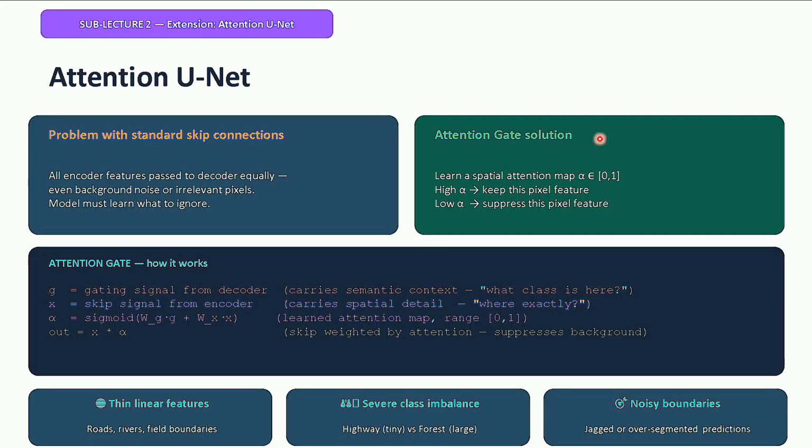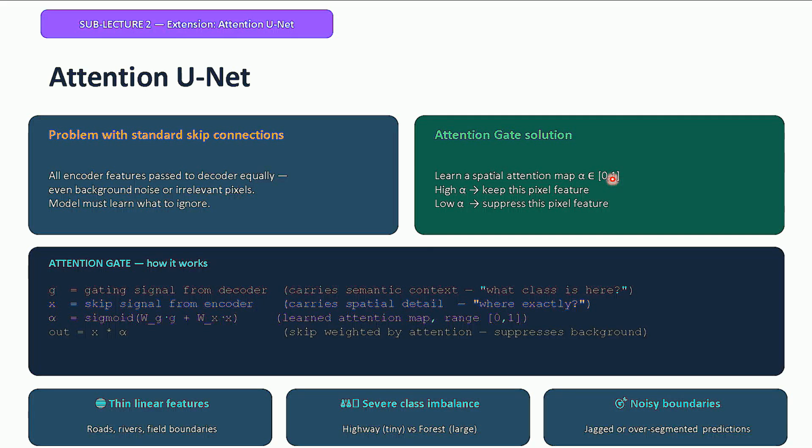The gate looks at what the decoder currently knows, the semantic context, and it looks at what the encoder saved, the spatial detail, and it produces an attention map, values between 0 and 1. High attention, keep this feature, low attention, suppress it.